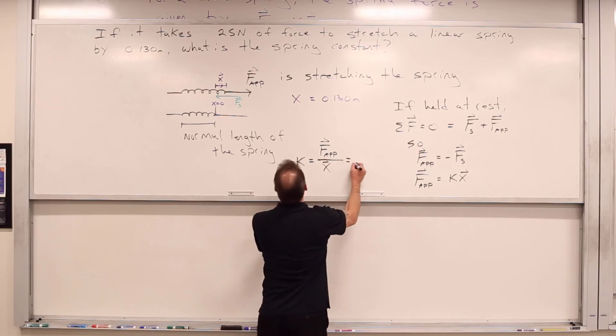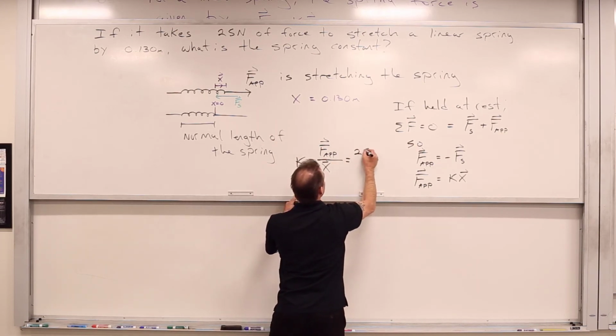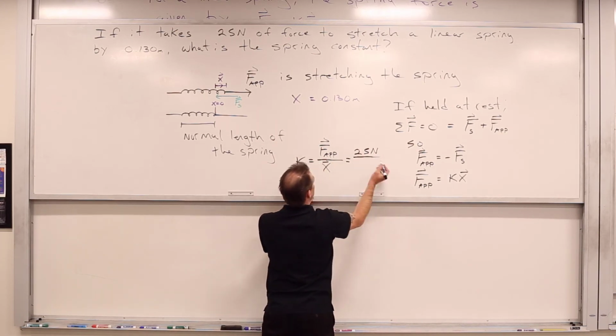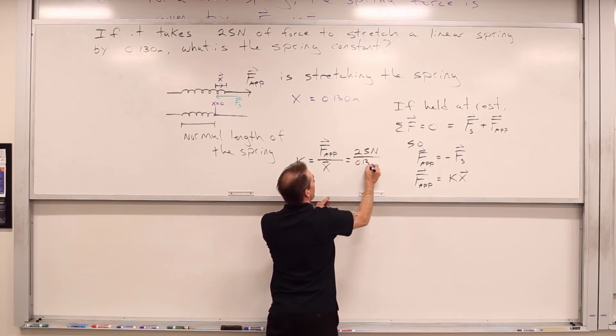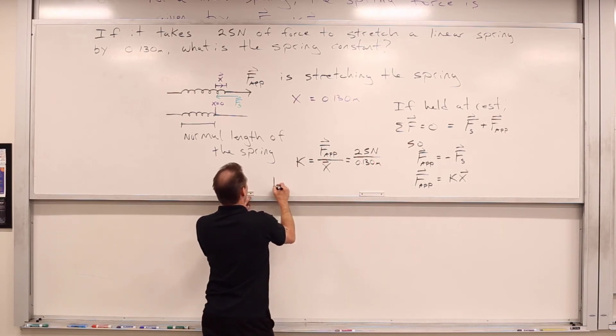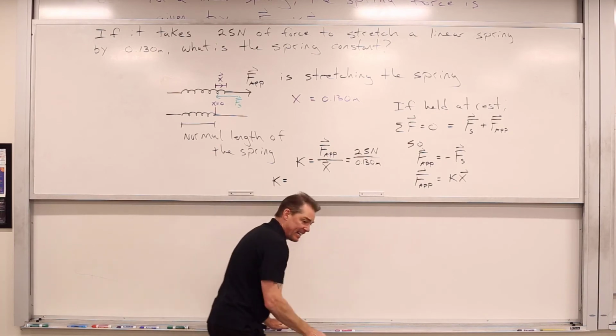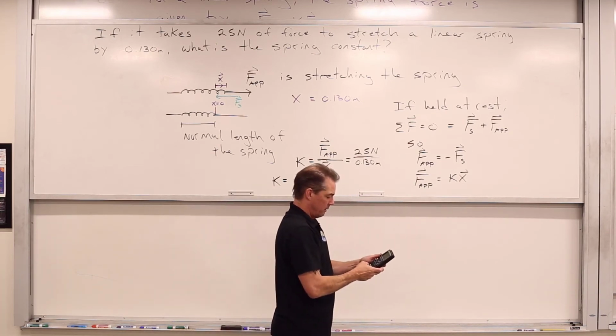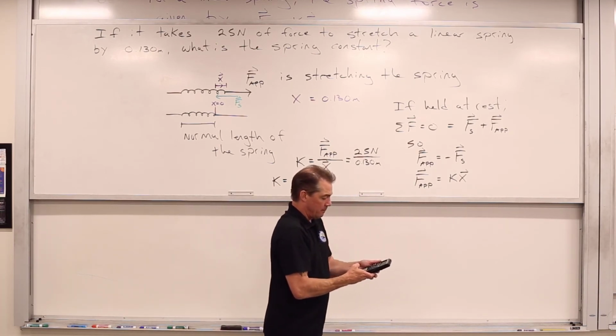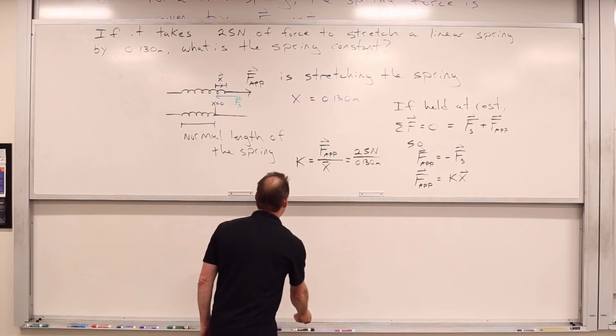So what do we get out of this? Well, we had 25 newton force made this spring stretch by 0.130 meters, which gives us k being equal to 192.3.